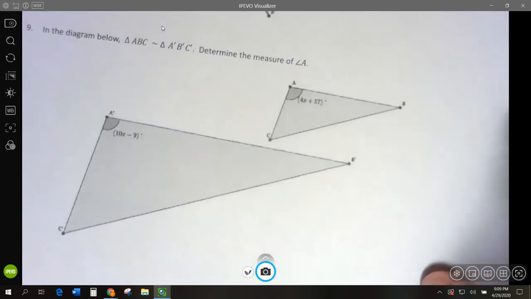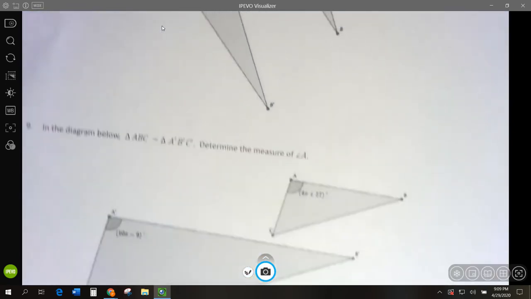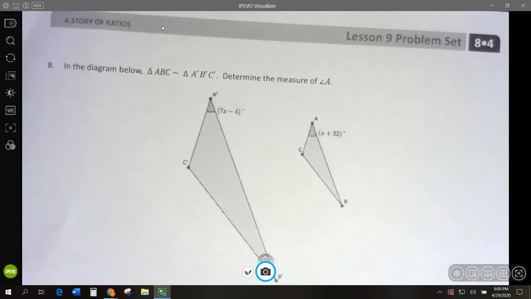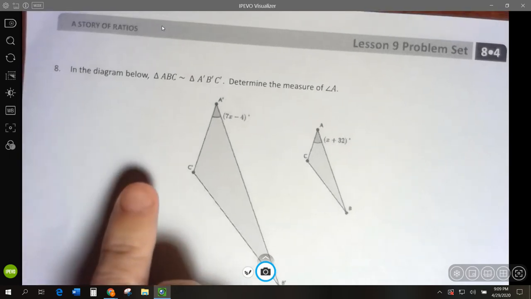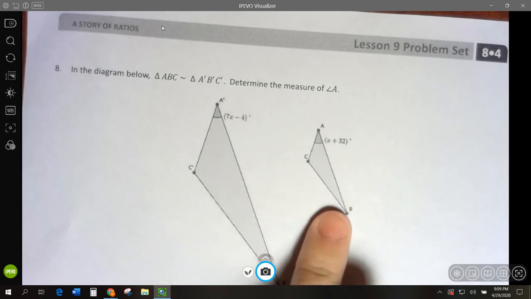Okay, the last 2 problems are kind of reviewing way back in Module 3 with our dilations and congruence. So they're telling us that these 2 triangles are congruent.